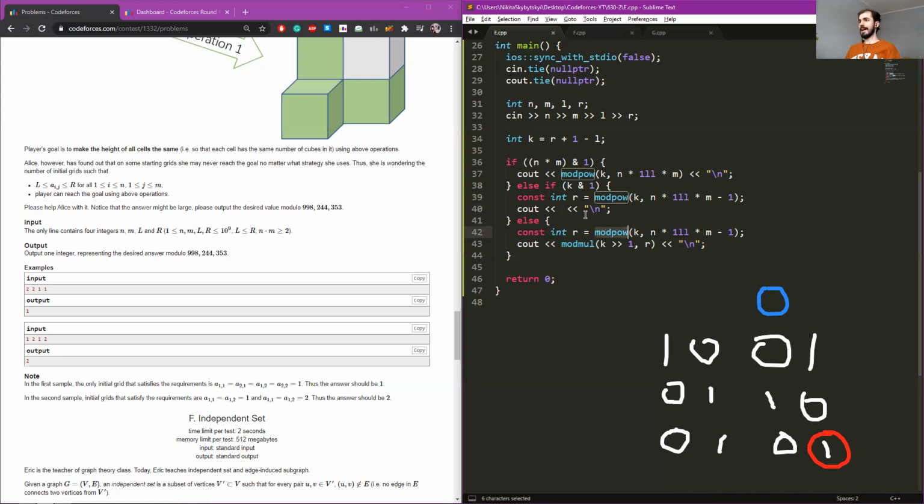Like here, for every test case, for every first n times m minus 1 numbers, you have k over 2 good continuations. But in the case above, it depends. Do you have k minus 1 or k over 2 or k over 2 plus?